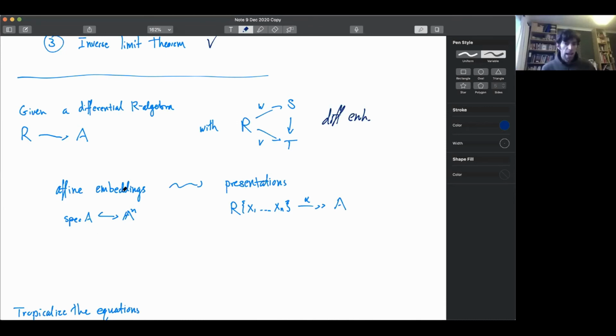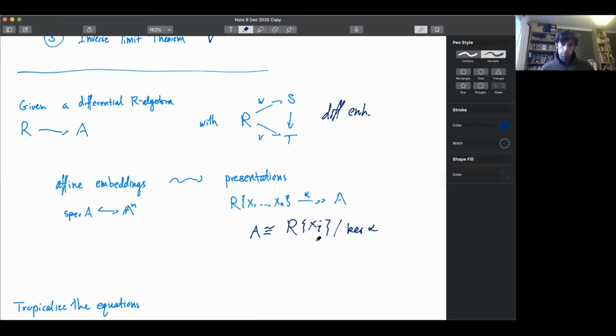I can look at affine embeddings of Spec A into an affine space if we're in the non-differential world. And in the differential world, the analog of affine embeddings is just purely in terms of algebra, it's presentations of A, meaning I've got a Ritt algebra, and I've got a surjective homomorphism alpha from this Ritt algebra onto A. So A is isomorphic to R, this Ritt algebra, modulo the differential ideal, which is the kernel of alpha.